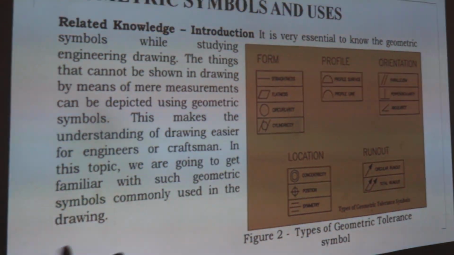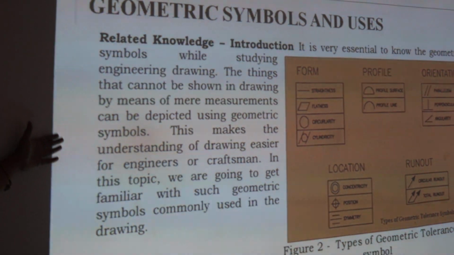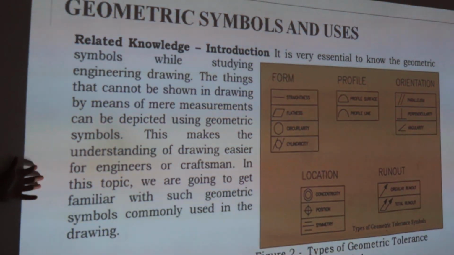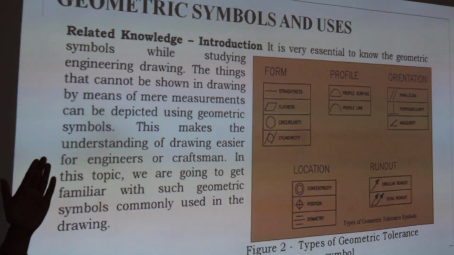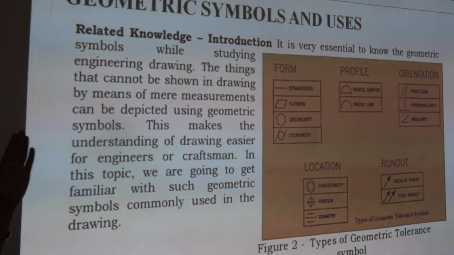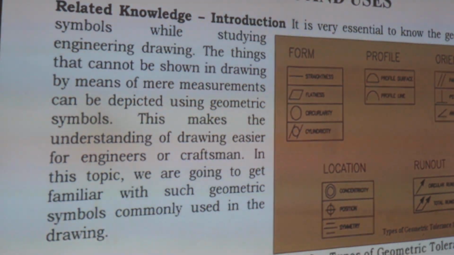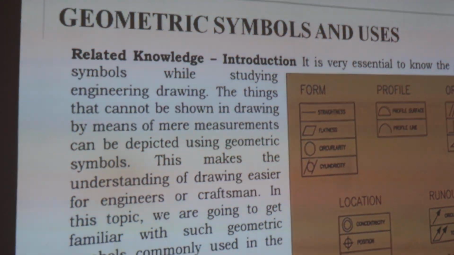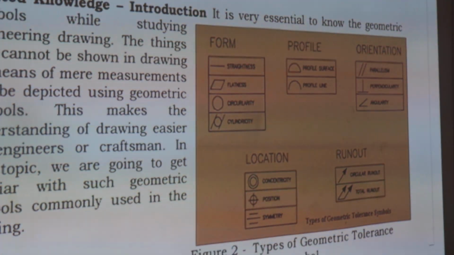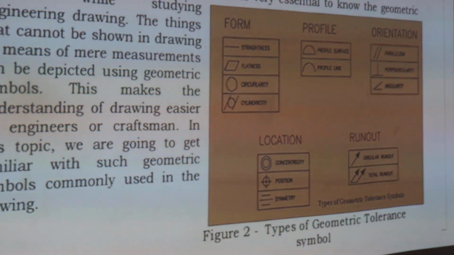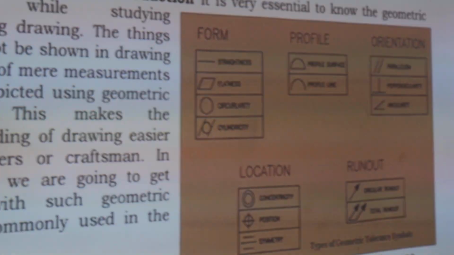Geometric symbols are very essential to know while studying engineering drawing. The things that cannot be shown in a drawing are depicted by geometric symbols. There are five kinds of geometric symbols that you'll be studying. Actually there are so many, but for basic engineering drawing there are five kinds of sections: form, profile, orientation, location and runouts.